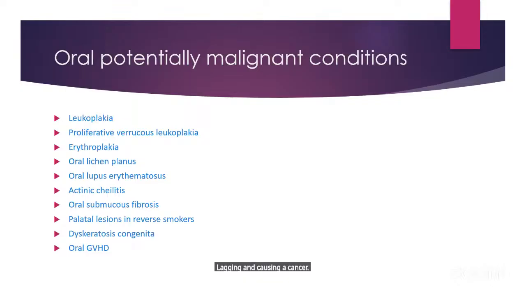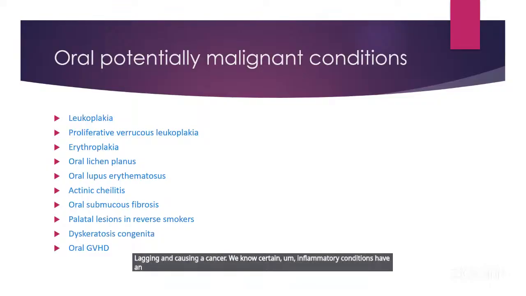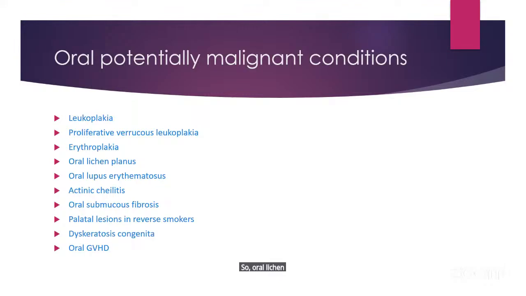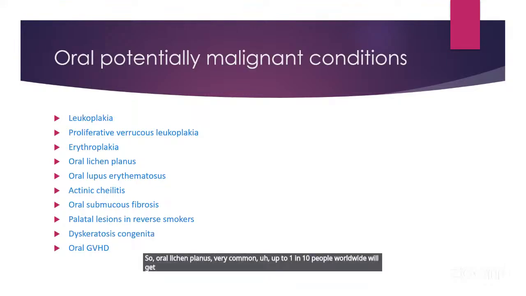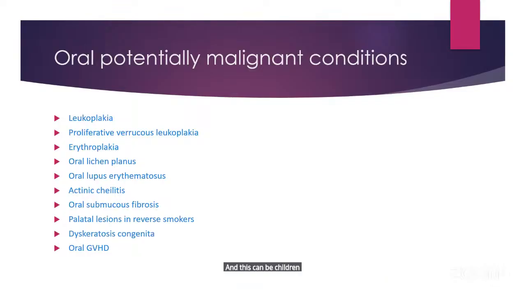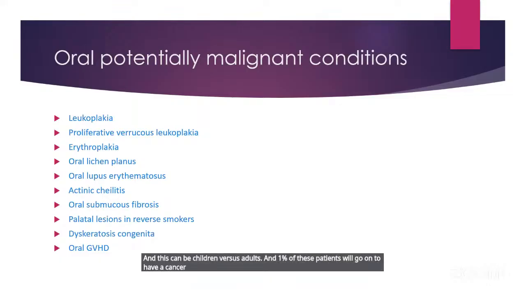We know certain inflammatory conditions have an increased risk of oral cancer. So oral lichen planus, very common. Up to 1 in 10 people worldwide will get this at any point in their life, and this can be children versus adults. And 1% of these patients will go on to have a cancer over 10 years of having the lesion.